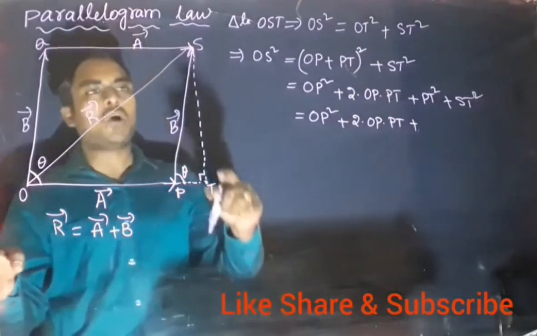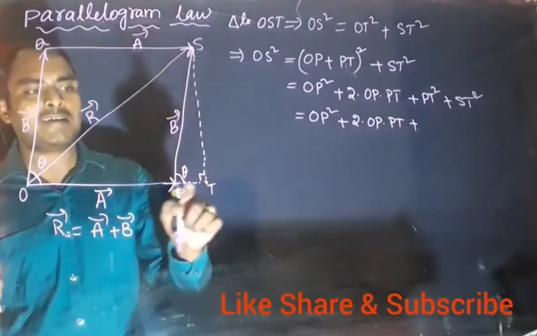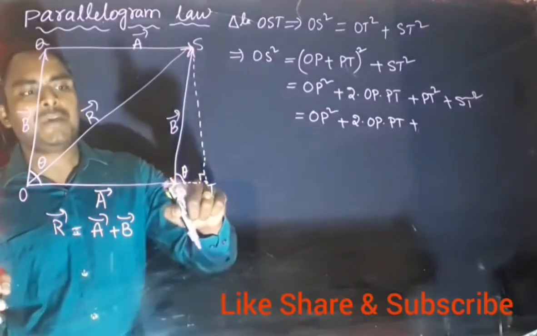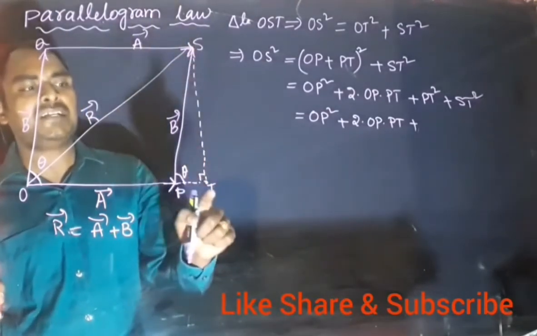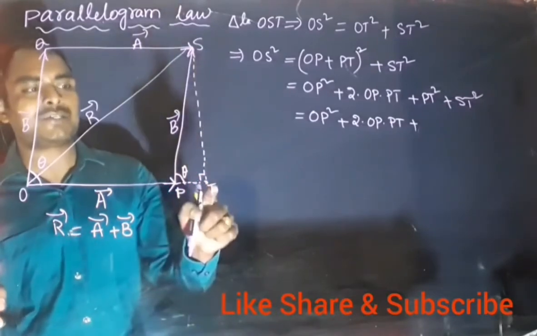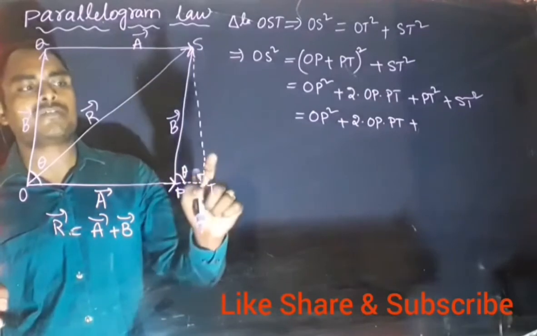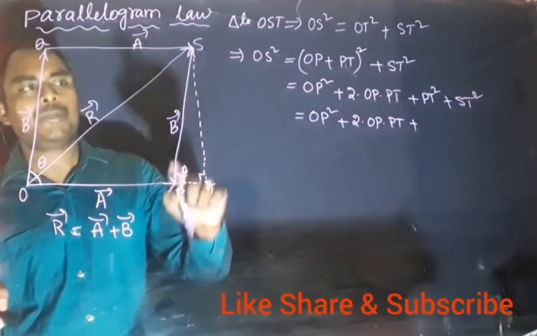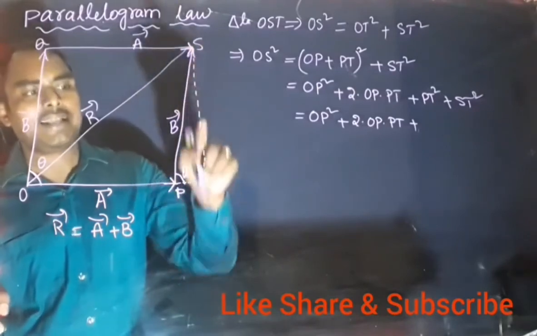From this small triangle, if you apply the Pythagoras theorem, PS square is equal to PT square plus ST square. Square of the hypotenuse equals the sum of squares of the other two sides. So PS square equals PT square plus ST square.